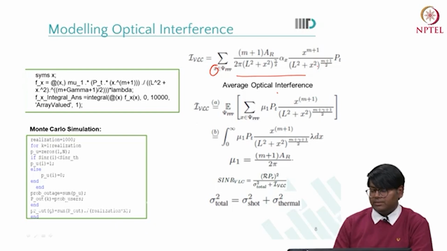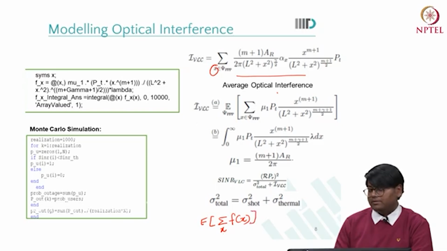I will briefly write the expression for Campbell's theorem. We can find the expectation of the summation of a function of the random variable x, which is Poisson distributed.